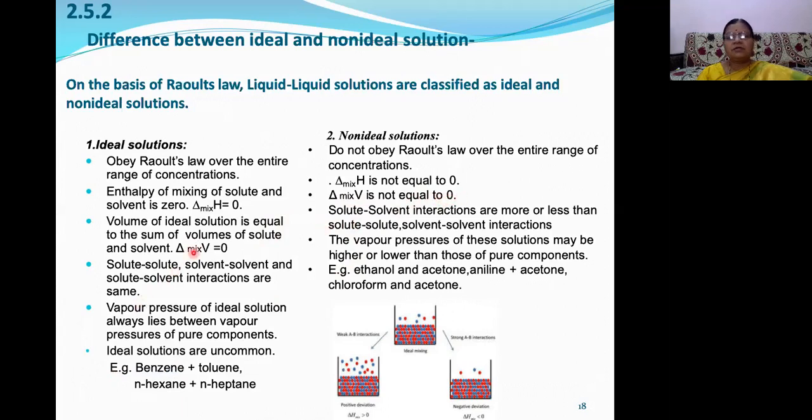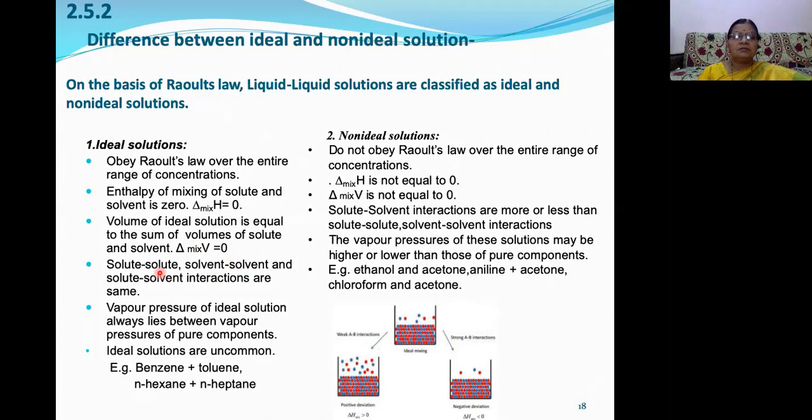Now besides these points, the important point that distinguishes the ideal and non-ideal solution is that when two components, solute and solvent, are mixed to form the solution, three types of interactions are there. Which are these three types? Solute-solute, solvent-solvent, and solute-solvent interaction.